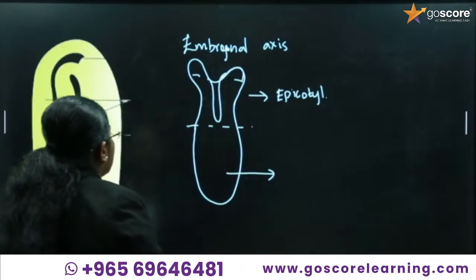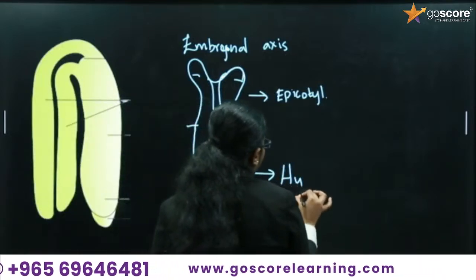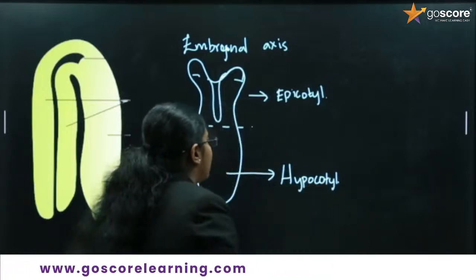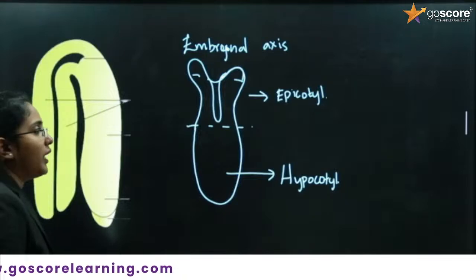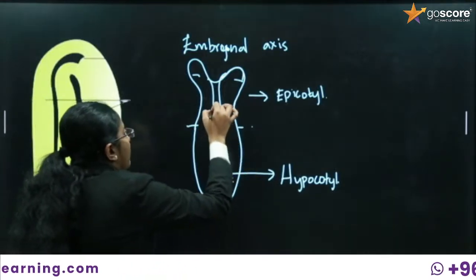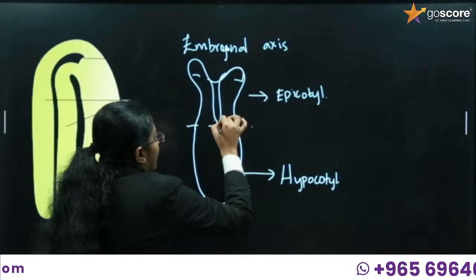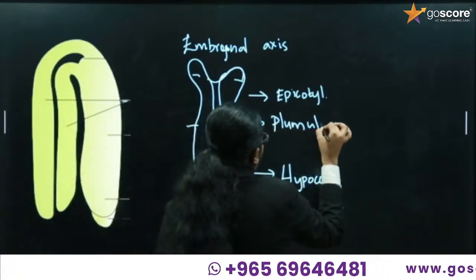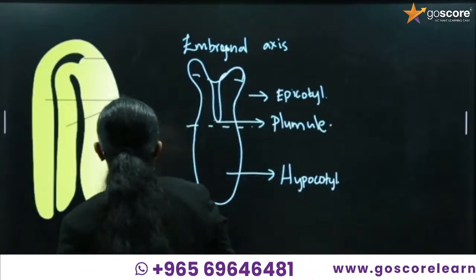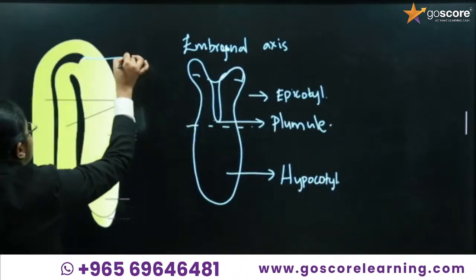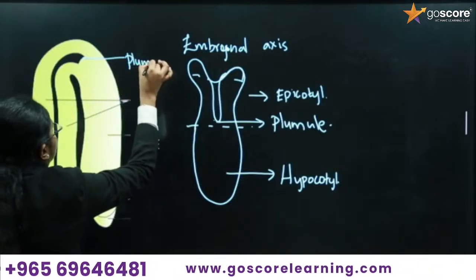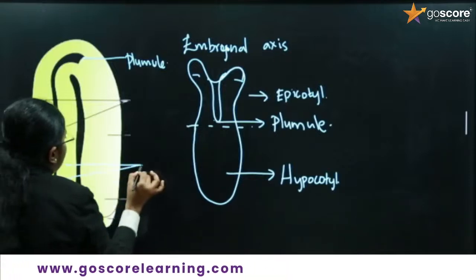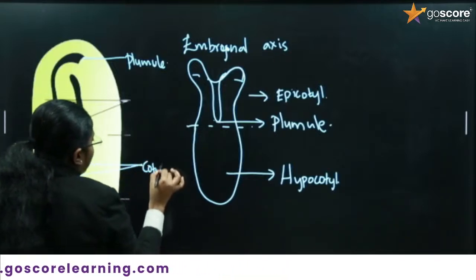Below the embryonal axis, we will call it the hypocotyl region. The epicotyl ends with a structure known as plumule. See, here you can find the structure. This is the plumule. Then these are the two cotyledons.